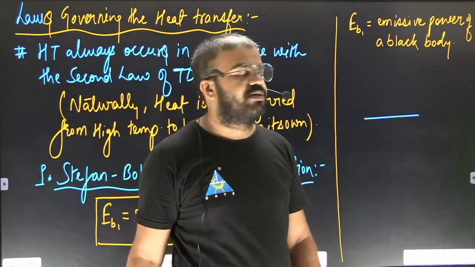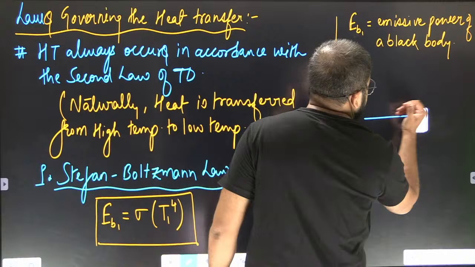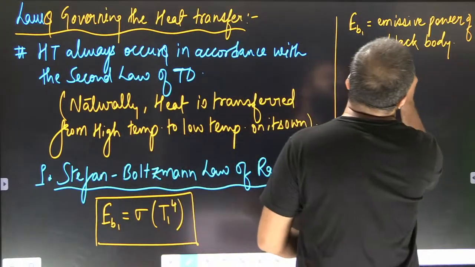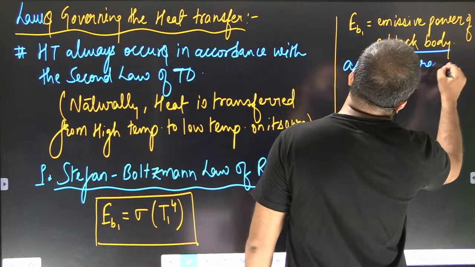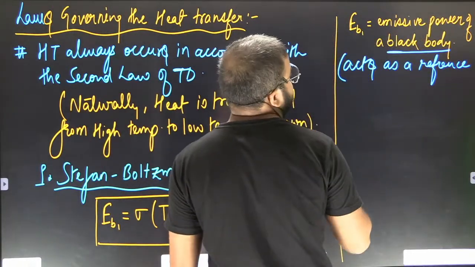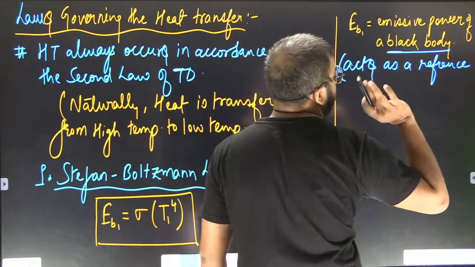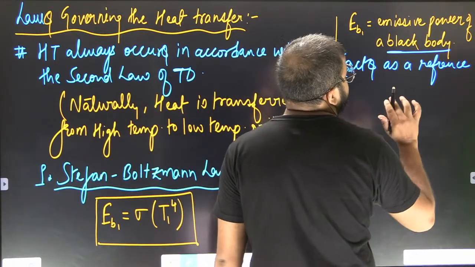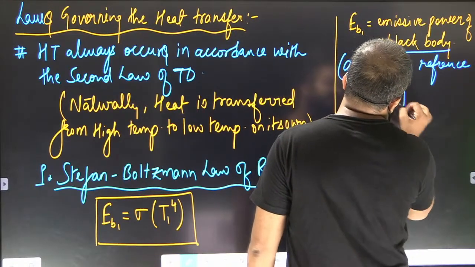That is very important. Now, black body acts as a reference. Acts as a reference, my dear students. What is a black body? The black body acts as a reference to study radiation.